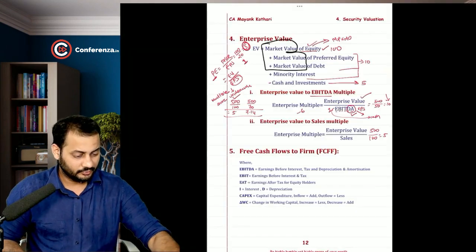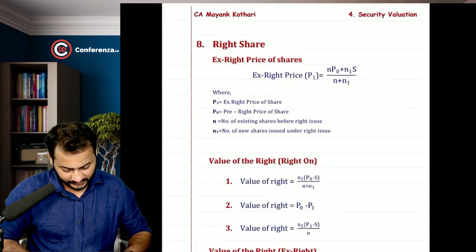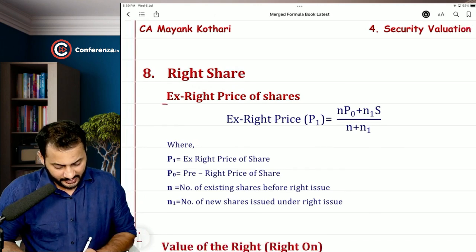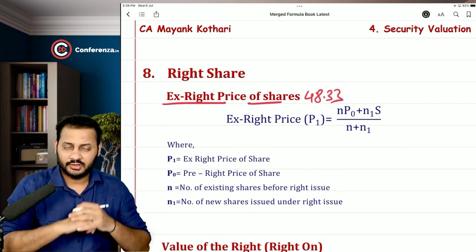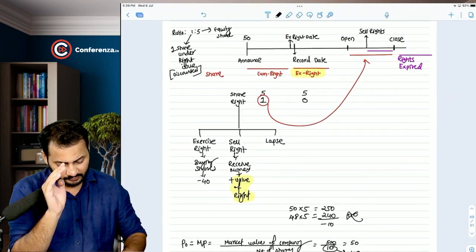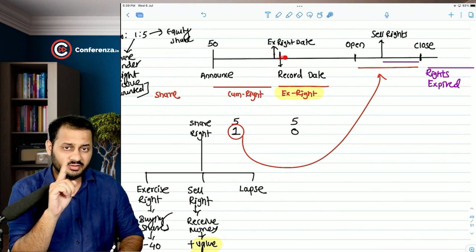Okay, before moving ahead, I should be opening up this formula book to let you know the formulas for right issue. See, this is the ex-right price of the share, that means 48.33 that we calculated. In this diagram, this is the price, the market price of the share after this date.